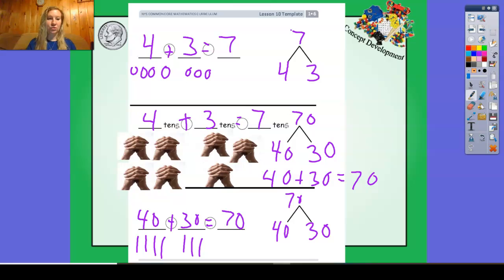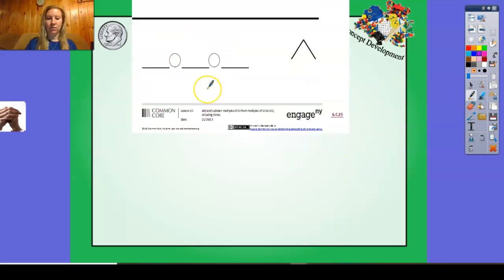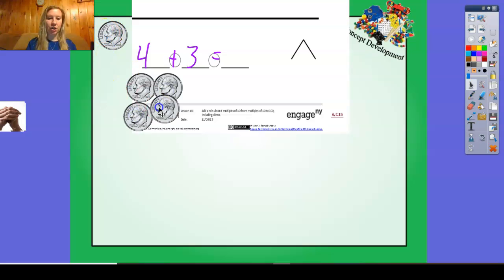We can also use dimes. If I were to write it out, I would say 4 plus 3 equals, we want to know how many dimes. And remember, a dime is worth 10 cents. So we're going to have 1, 2, 3, 4 dimes, and then we're going to add our 3. 1, 2, 3.